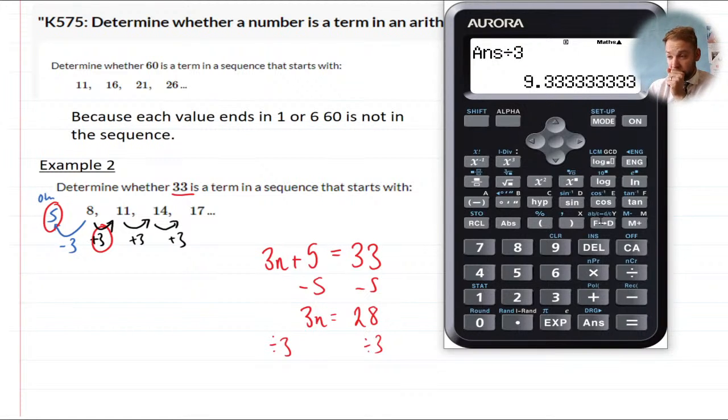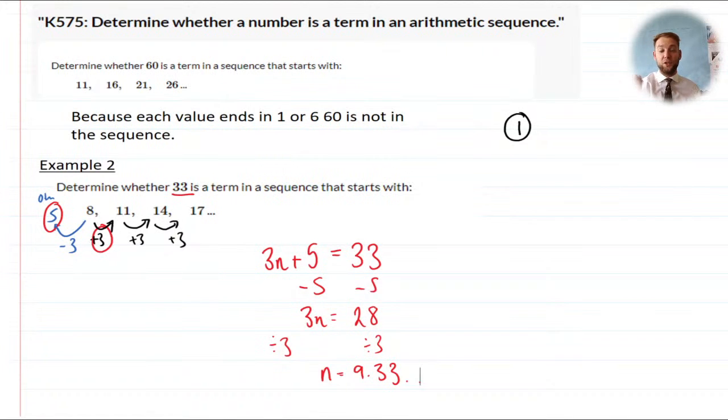9.3. I said that you had two things: you had the values and you had the term number. Your term number is like your first, your second, your third, your fourth, your fifth. Now, with this one, if n is equal to 9.3, it means that it's not in the sequence because it's a decimal. It means it's between the 9th and the 10th term. Remember, every single term number has to be a whole number.